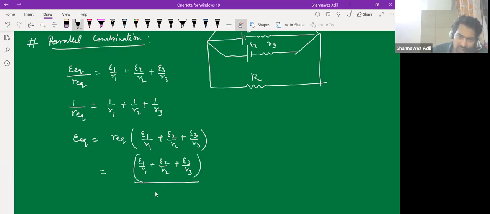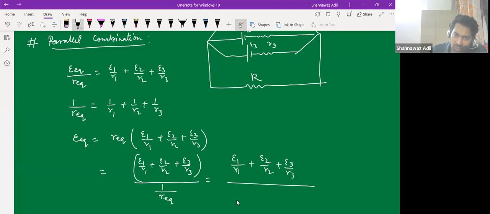And this R equivalent is 1 divided by 1 by R1 plus 1 by R2 plus 1 by R3, because 1 by something will go in the numerator. So this is the E equivalent.